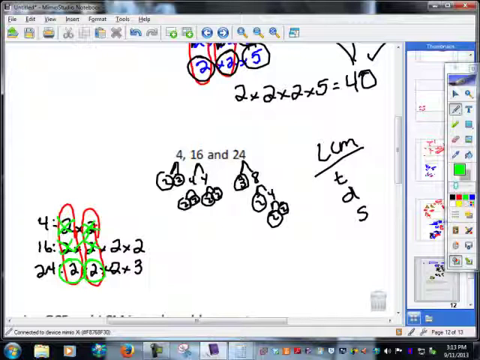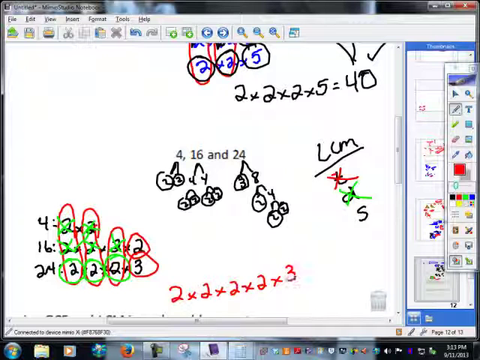Now I'm done with triples, I'm going to look for doubles. I see double 2s right there. So I'm going to cross one of those out, and I'm going to circle 1. We're done with doubles. Now the last step, I have to do singles, remember. Single, single. I'm going to do 2 times 2 times 2 times 2 times 3. It's going to give me 48.